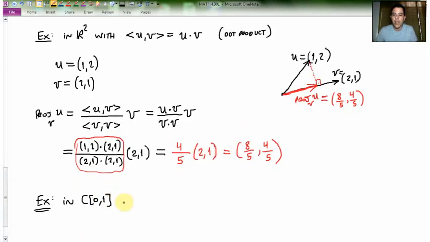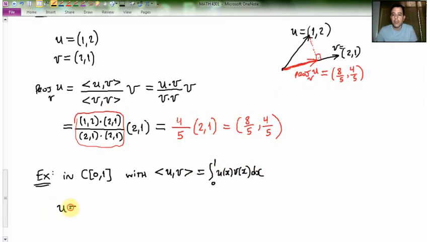We're going to use the inner product of u, v to be integral from 0 to 1 of u(x) v(x) dx. Let's say now u is x and v is x squared. Again, if you do the diagram, this would be an abstract vector.